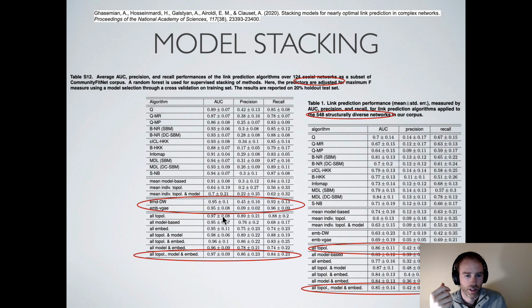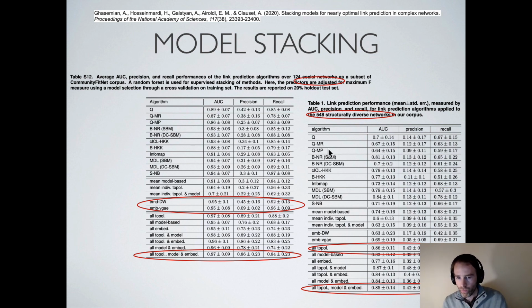For instance, here you see that the AUC for embeddings is quite high, and it's actually higher than what they call model-based, so modularity, InfoMap, and so on. But in the end, it's their model, which is stacking all the possibilities, which is the best. You see, there it was 97, while here it was only 95.